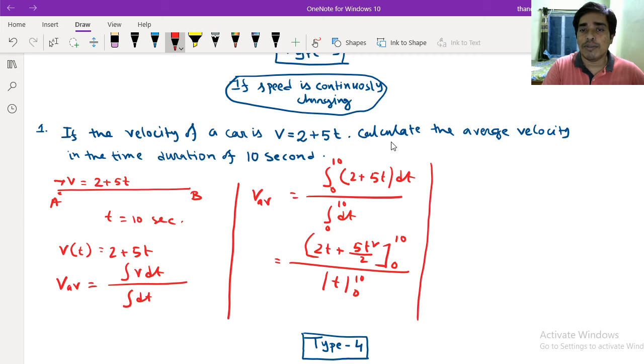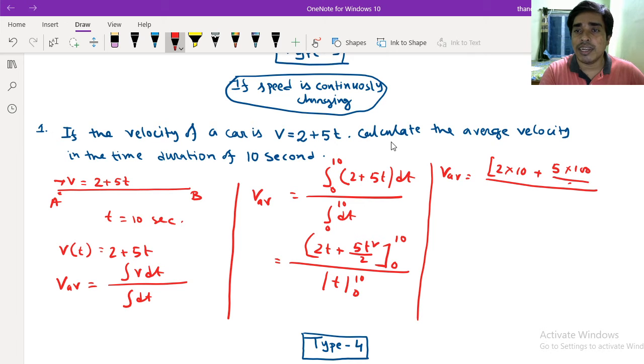So v average will be, at the upper limit 10, 2 into 10 plus 5 into 10 square, that means 100, divided by 2, and divided by 10.